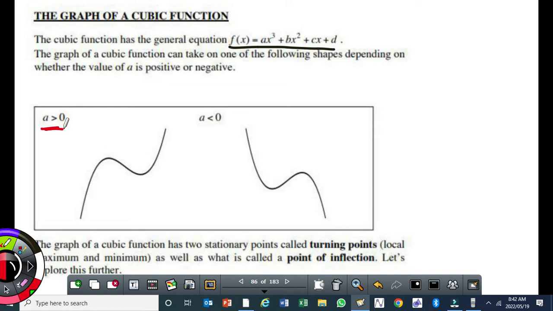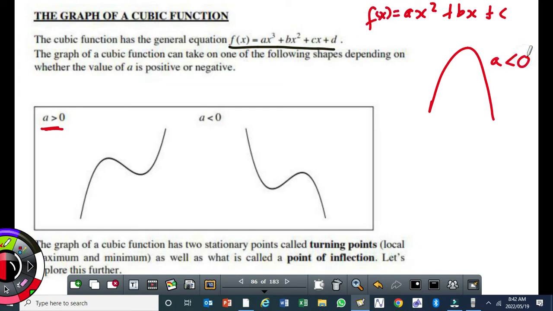Now, if you compare with the quadratic function from grade 10 and 11, I'm just going to do a quick comparison here. If you have a maximum turning point for the quadratic function ax squared plus bx plus c, here a will be negative.